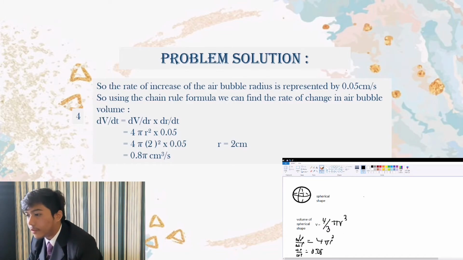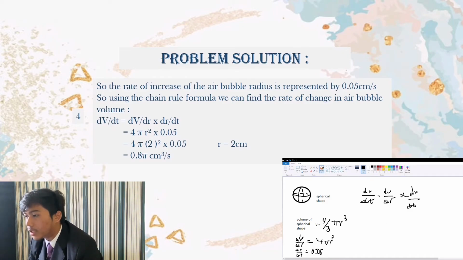So we can find dV per dt, which is dV per dr times dr per dt. This is the chain rule.